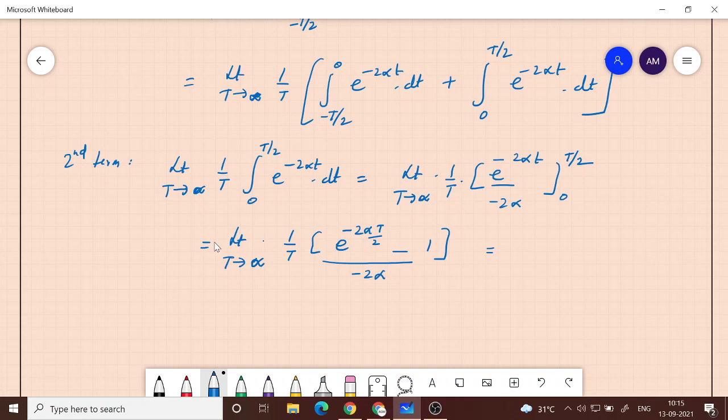So we have the limit t tends to infinity of e raised to minus alpha t, by t, and then there is a constant here, which is 1 by minus alpha.